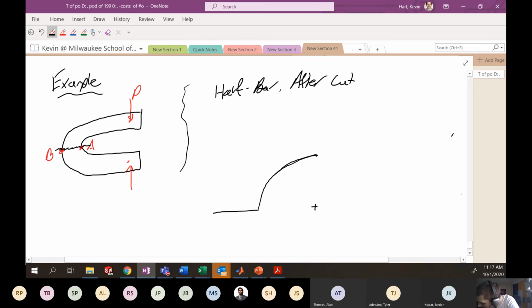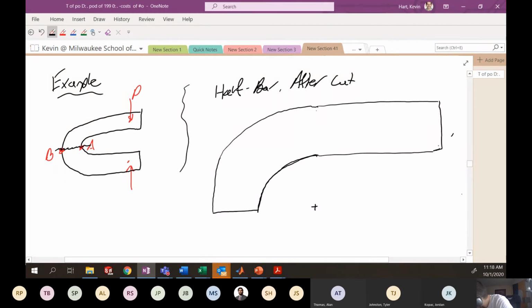Here, I'll take a lot more care with my drawing. Okay. Here's my half bar after the cut. Here's the pin where we're going to provide our loading.